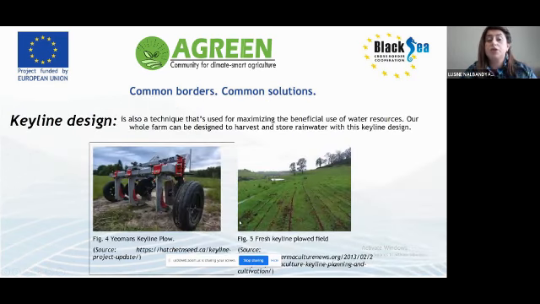Another practice which, at least in Armenia, is not very commonly used, but is a very nice and interesting practice, is key line design, a technique used to maximize the beneficial use of water resources. A whole farm can be designed to harvest and store rainwater with this key line design.